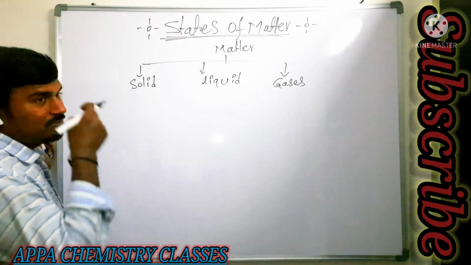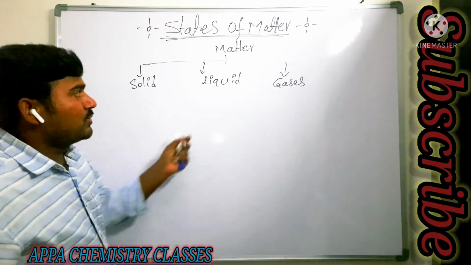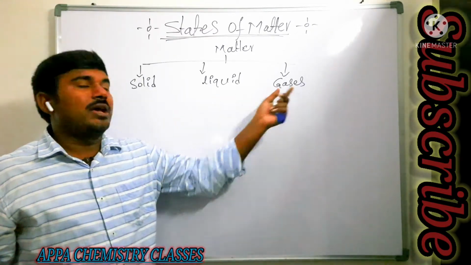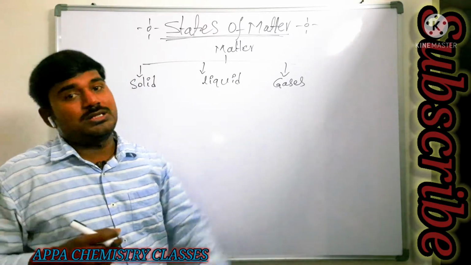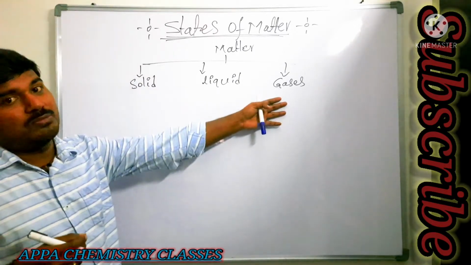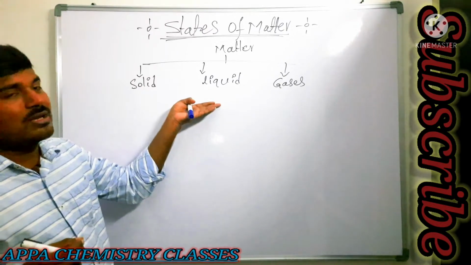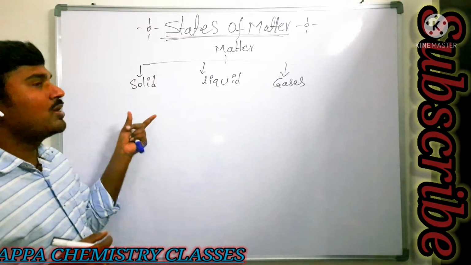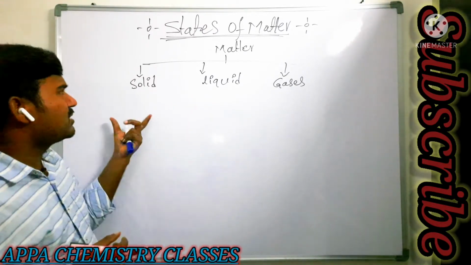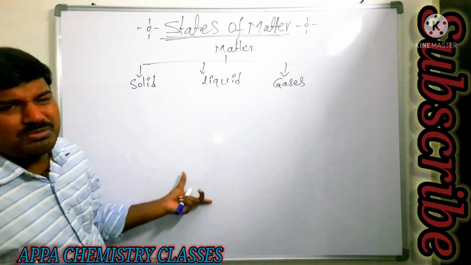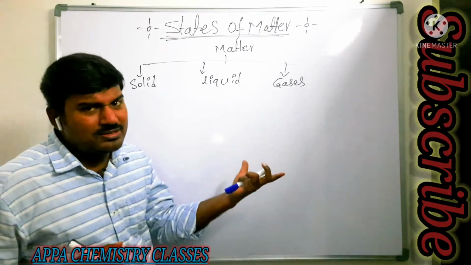In liquids, they are somewhat far from one another. But in gases, they are separated by very large distances. For that reason, gases are highly compressible, liquids are slightly compressible, and solids cannot be compressed. Those are the main properties we have seen in lower classes also.